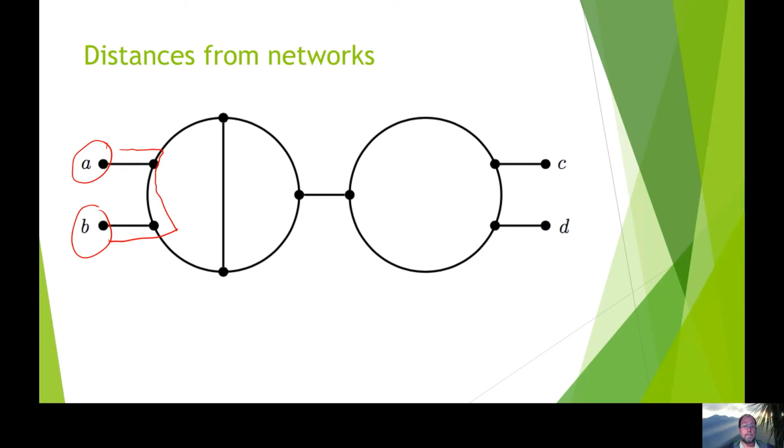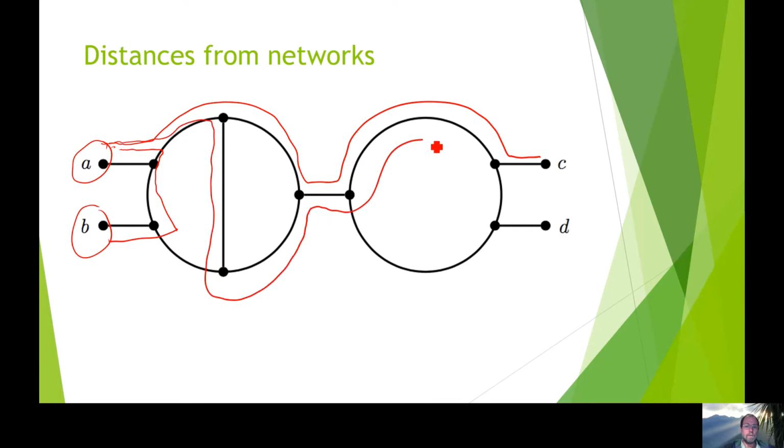Here we could also look at the distance, say, between A and C, and then we would see that that distance is 1, 2, 3, 4, 5, 6. Of course we could go in different directions. Here we could have gone from A along here to C, but obviously that is a longer path, and we're interested in the shortest distances for the moment.